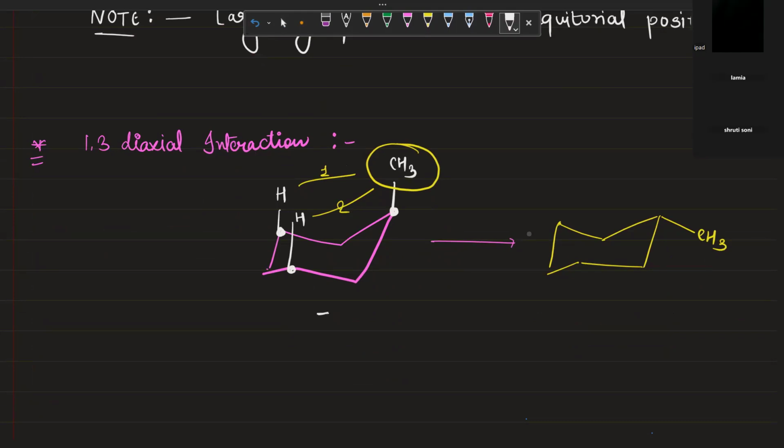Let's suppose this is A and this is B. Both can be formed in the reaction, but they ask you which is more stable, which is the major compound. So how do you identify that the given compound is major or not? For that you need to know that in this case there is no 1,3-diaxial interaction present. So that's why this structure is preferred over this one.